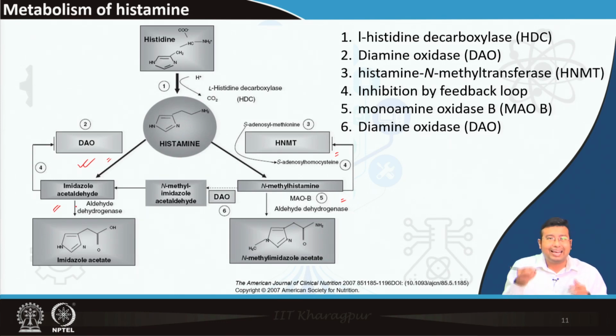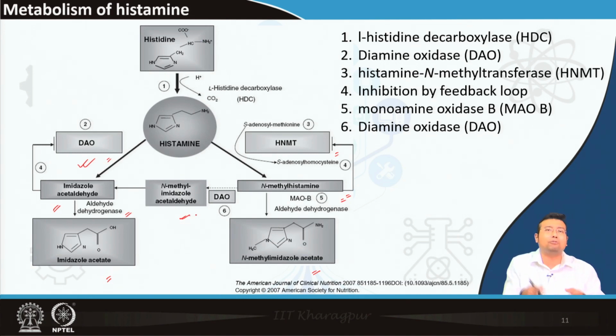So, what happens next? By the action of aldehyde dehydrogenase, both of them can be converted to their final excretory form, that is imidazole acetate or N-methyl imidazole acetate. Even on N-methyl histamine, DAO, diamine oxidase, can act to form N-methyl imidazole acetaldehyde.